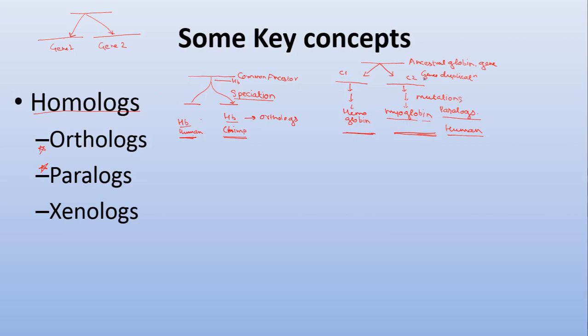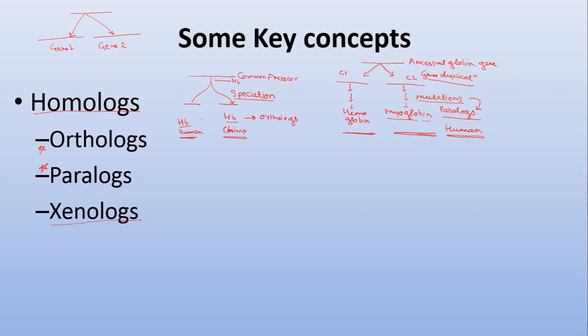Gene duplication and subsequent mutation give rise to paralogs, while evolutionary events like speciation give rise to orthologs. Orthologs perform the same function but in different species, while paralogs perform different functions but in the same species. This is how we define orthologs and paralogs.